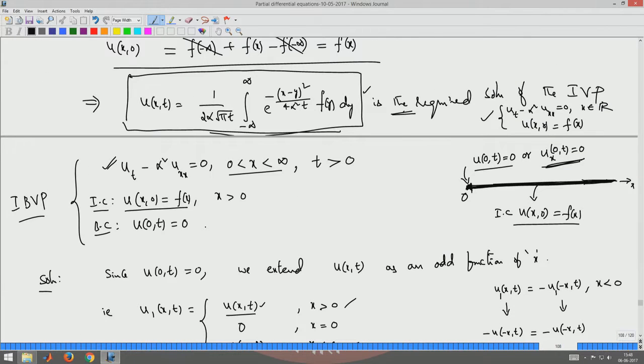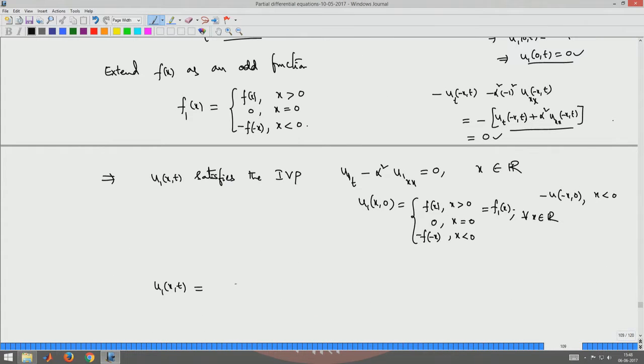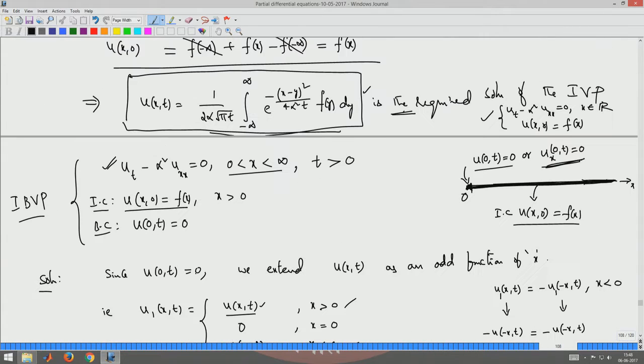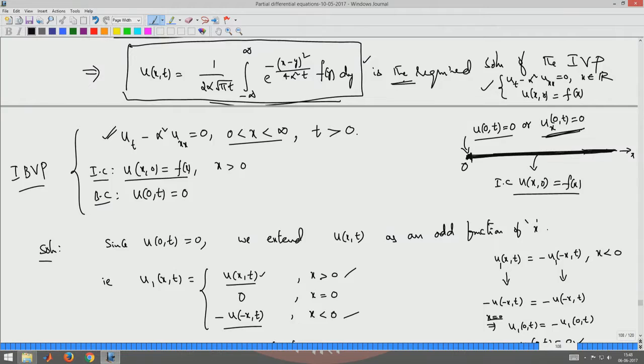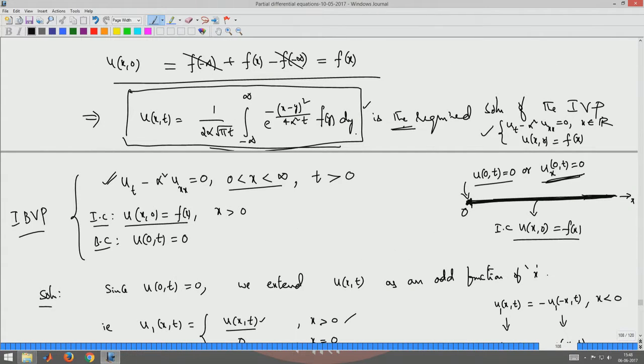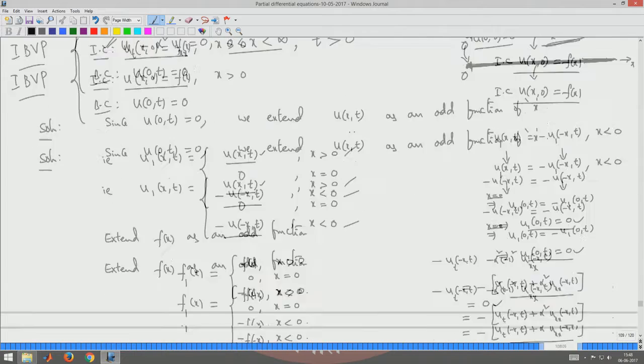So, 1 by square root of 4 alpha square pi t, and then integral from minus infinity to infinity of e power minus (x minus y) whole square divided by 4 alpha square t.